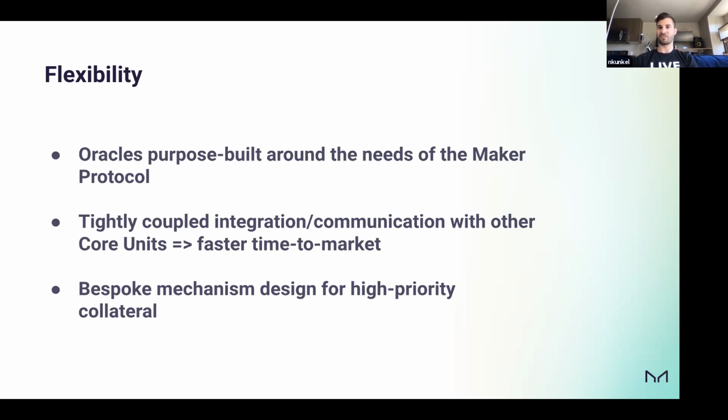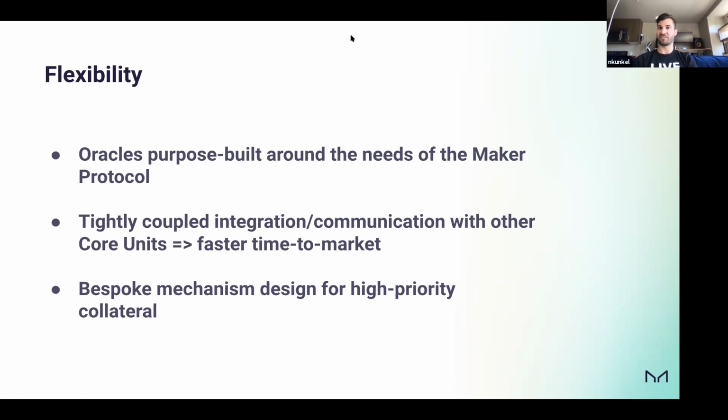The vendor may have other customers. The vendor may have competing priorities. The vendor may be in a period where they're catching up on some technical debt, or dealing with some fires, right? Having an in-house Oracle protocol and core unit cuts through all that, in that we can work with the risk core unit, the smart contract core unit, and the collateral onboarding core unit directly to fast track things, which ultimately ends up in faster time to market.